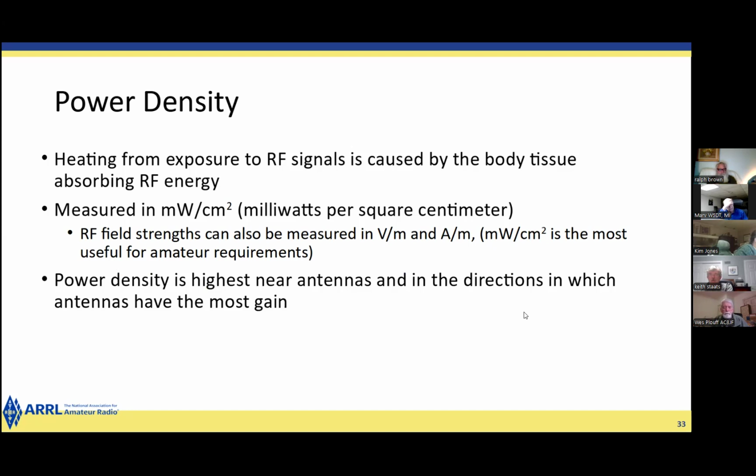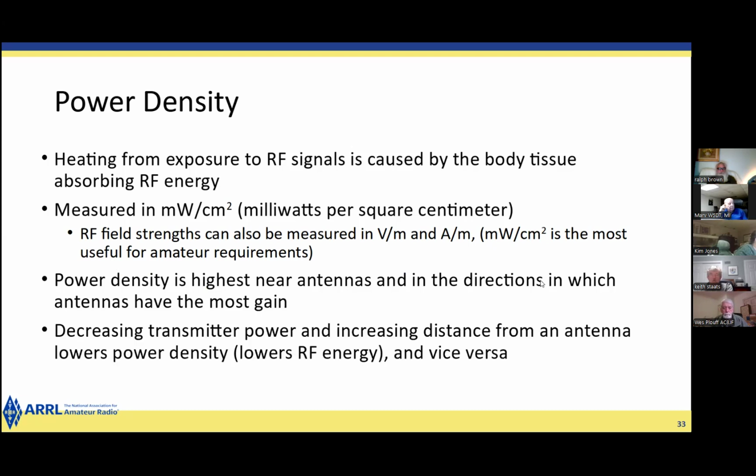It's highest near antennas and in the directions in which antennas have the most gain. So decreasing the transmitter power or increasing distance from the antenna lowers power density and lowers RF energy, and vice versa, obviously.